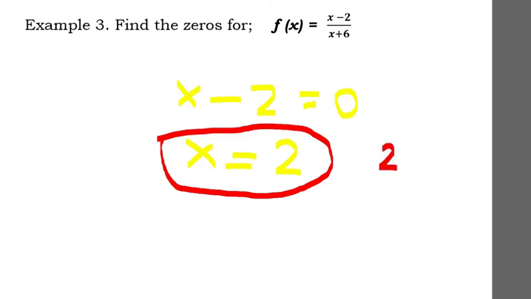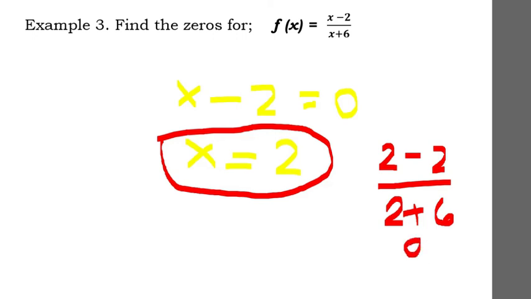So this will become 2 minus 2 over 2 plus 6. So 2 minus 2 is equal to 0 over 8. So 0 divided by 8 is equal to 0. In that, the function becomes 0 at x is equal to 2. So the zero is equal to positive 2.